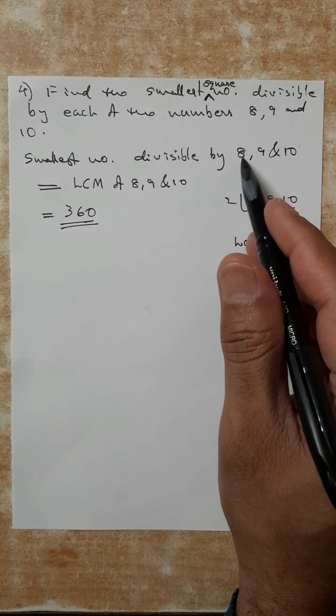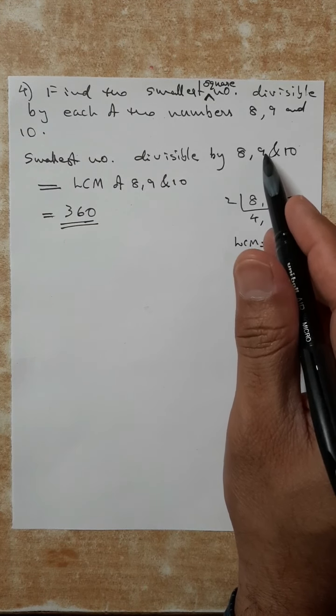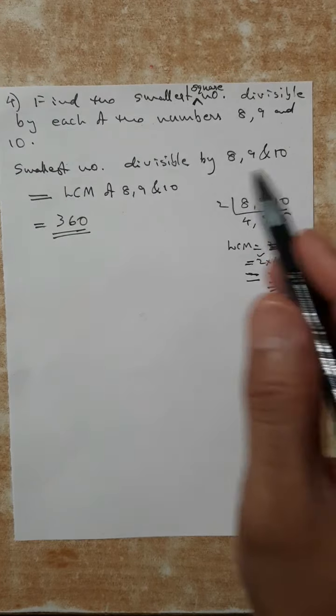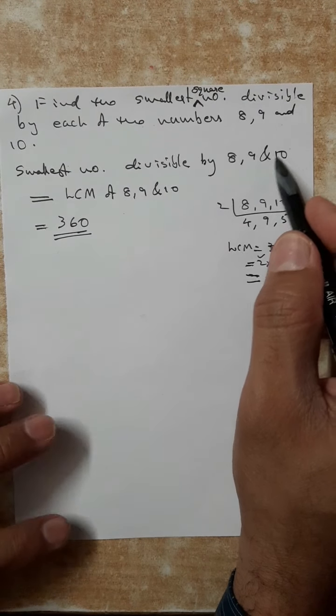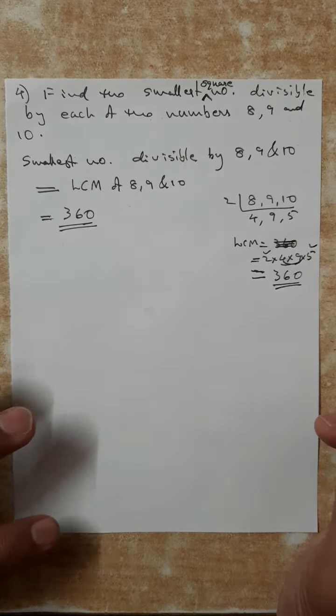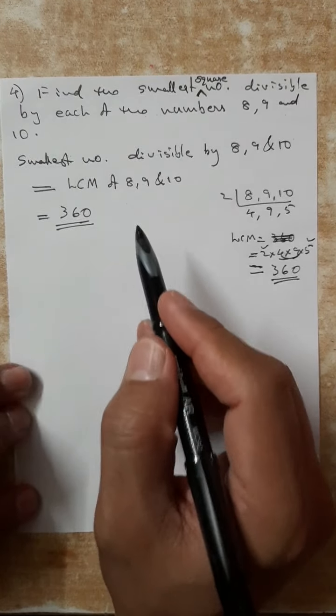Then 360 by 9, we know 40, we can say in the mind itself, 4 9s are 36. And 360 by 10, the zeros cancel, 36. Anyway, we are able to divide 360 with these numbers 8, 9 and 10. Okay, so this is what we studied in lower classes.